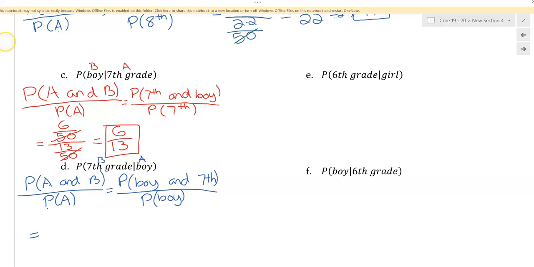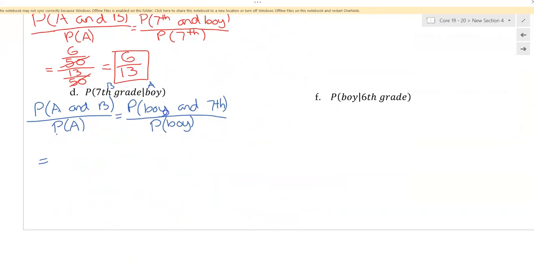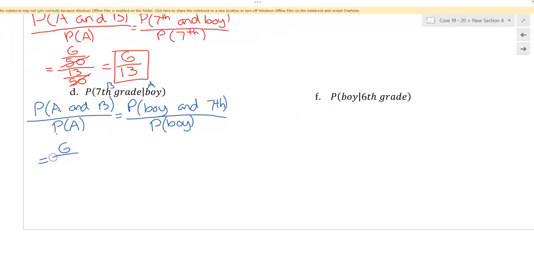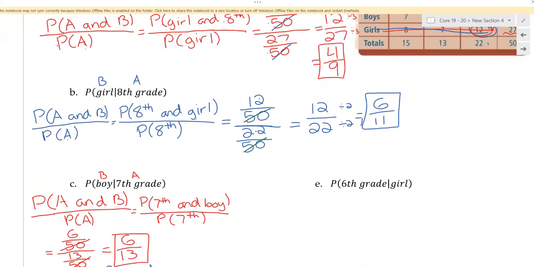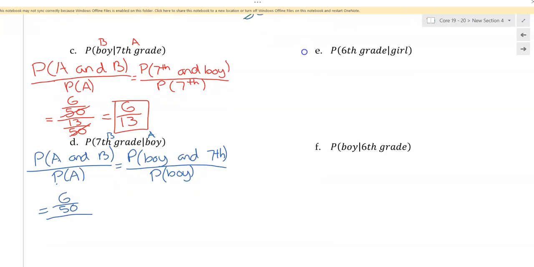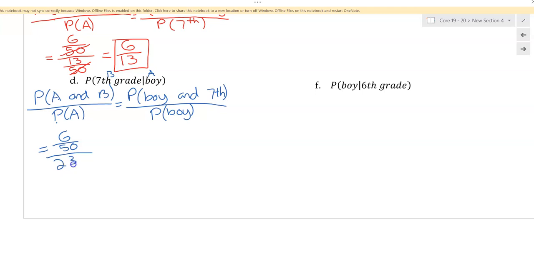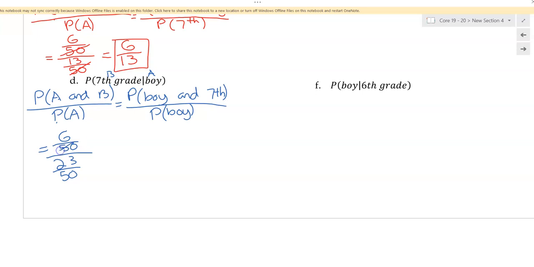Look at being a boy and being in 7th grade. There are only 6 people who are boys and in 7th grade. And then divide by my probability of being a boy. Well, there's 23 boys total. Okay. Then again, my 50s cancel, and I'm left with 6 out of 23.